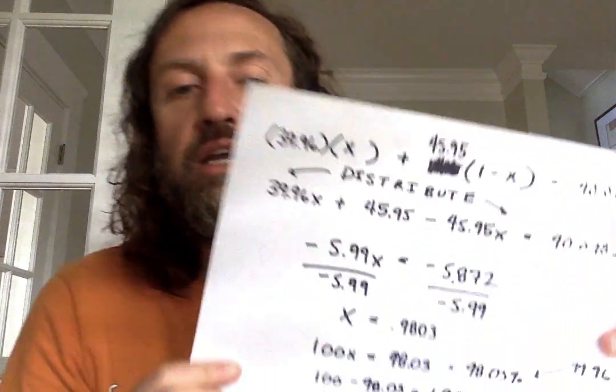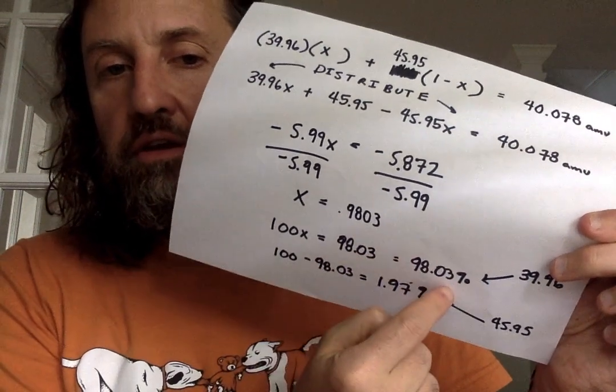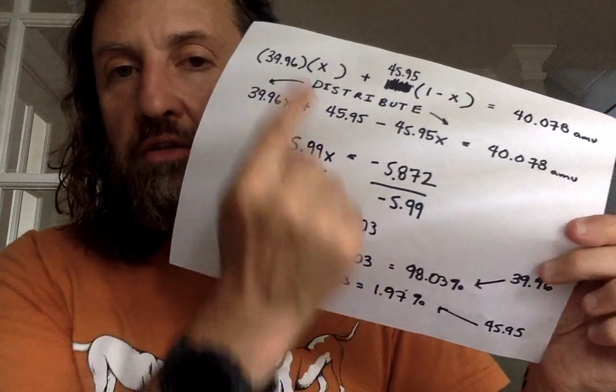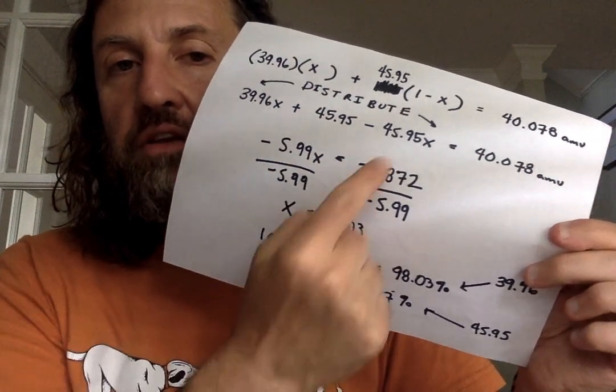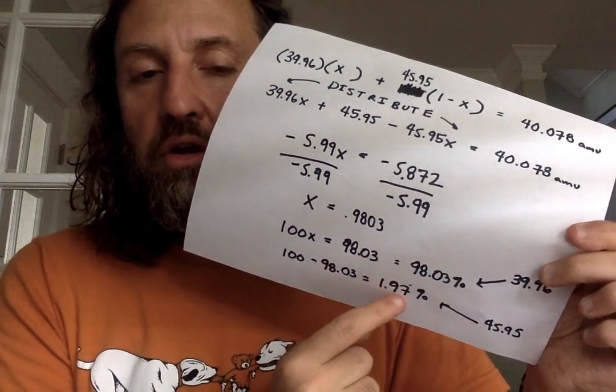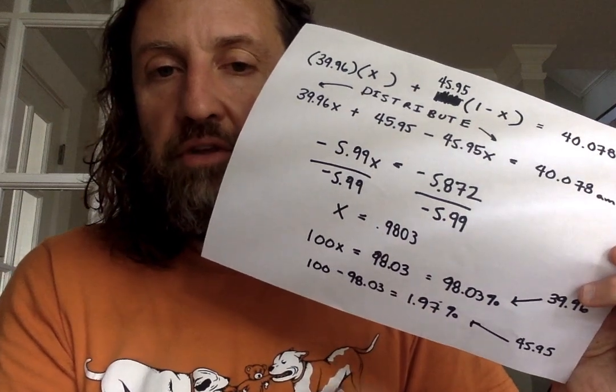So that calcium 40 is going to be 98% of all the calcium. And when you look at the average atomic mass of calcium being so close, 40.078, you can see that that is an answer you should be pretty comfortable getting. Because we assigned x up here to the first isotope, for the second you take 1 minus that, and that gets you 1.97%.